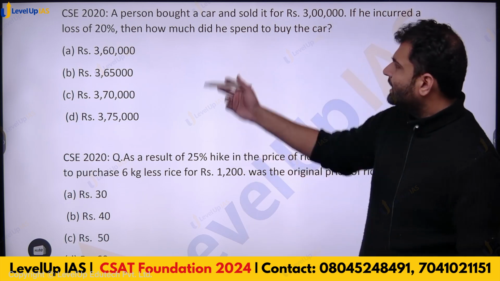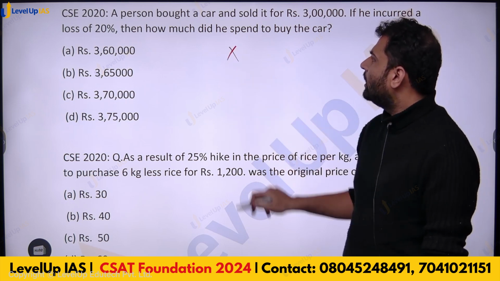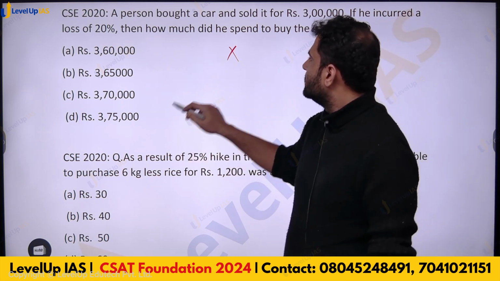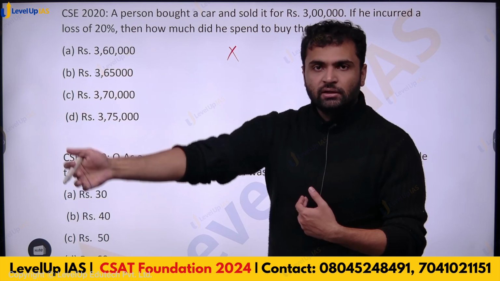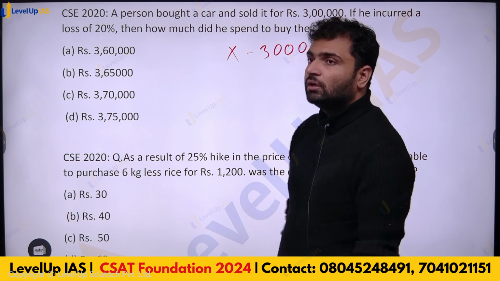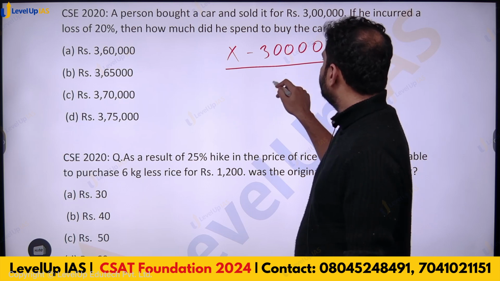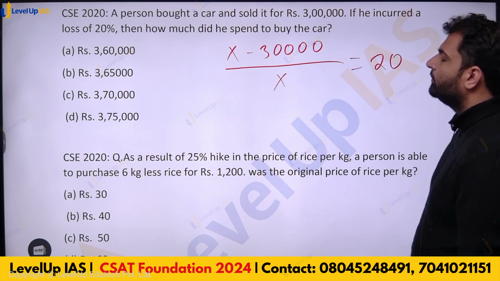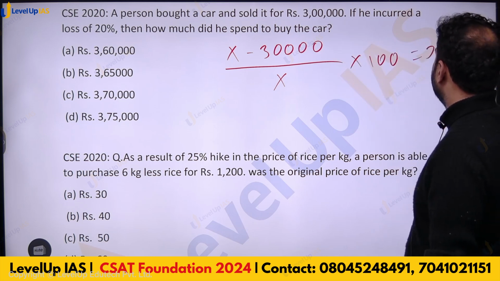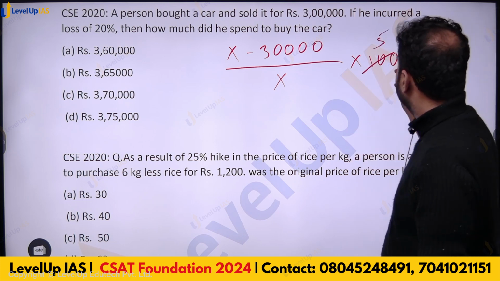Now, let us say he bought it for X rupees, and he sold it for 3 lakh rupees. So the loss is the buying price, which is higher than the selling price, minus the selling price. This is his loss, which divided by the buying price, into 100, is equal to 20. So we have this 1, this 5.